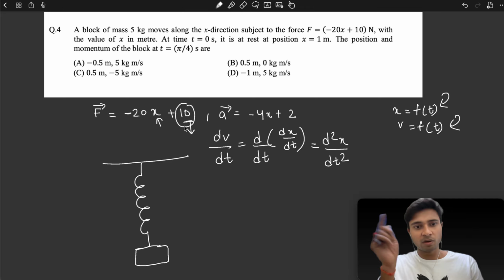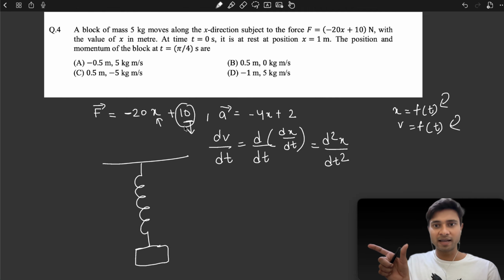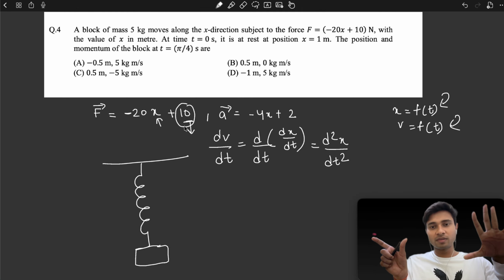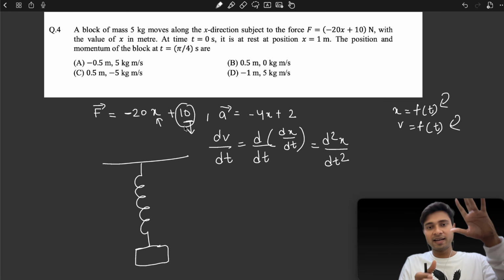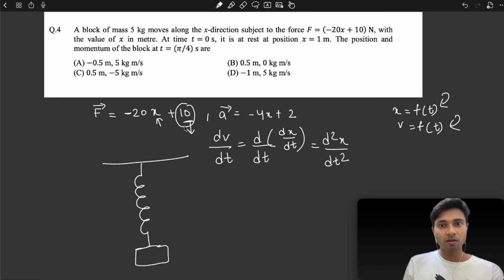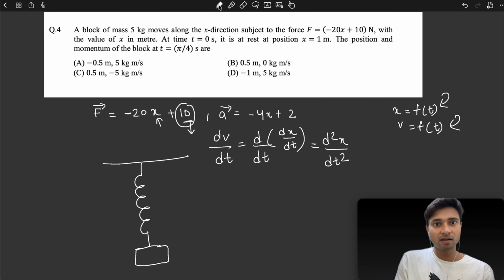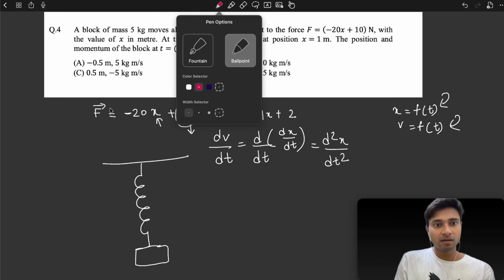Originally it was in the horizontal direction, so we just have to imagine this in the vertical direction, and we can compare it. Now definitely this system looks like a vertical SHM, right?